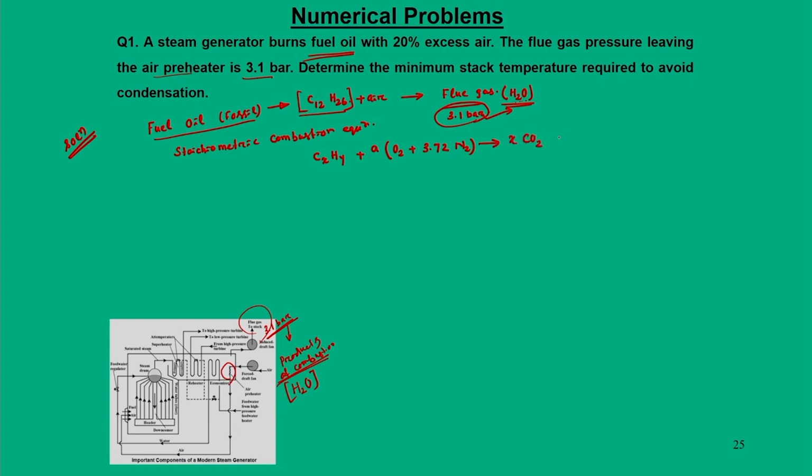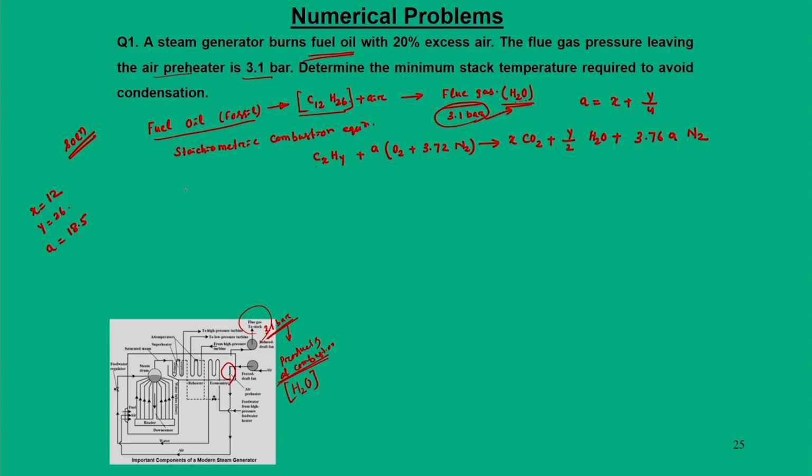A balanced chemical equation will look like this: y by 2 H2O plus 3.76 a N2. Here a is equal to x plus y by 4, where x and y are the carbon and hydrogen numbers. In our case x is equal to 12, y is equal to 26. So, this implies a is equal to 18.5.